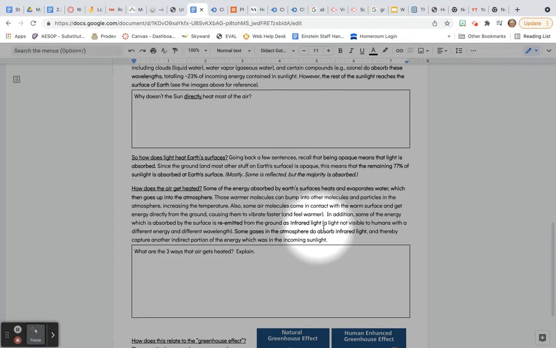Some gases in the atmosphere do absorb infrared light and thereby capture another indirect portion of the energy which was in the incoming sunlight. Again, we saw that the carbon dioxide gas molecules in the air are able to absorb infrared radiation and thus heat up.